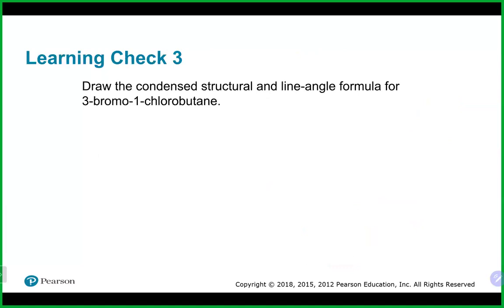All right, why don't you draw the condensed and line structure for 3-bromo-1-chlorobutane. Why don't you also draw, I'm just going to make up another one, we'll see how we do here.